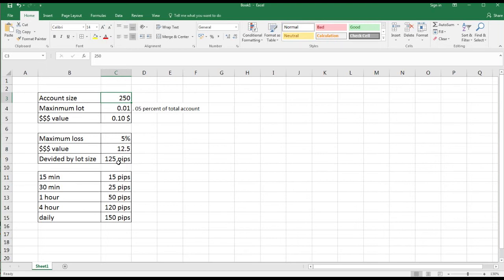So basically, I'll take $12.50 and divide it by 10 cents per pip, because if I am trading at, let's say, $1 a pip, then I can only lose 12 pips before I lose 5% of the account. So I divide the maximum loss dollar value by my lot size dollar value, which gives me 125 pips. So I basically know my maximum loss is 125 pips.